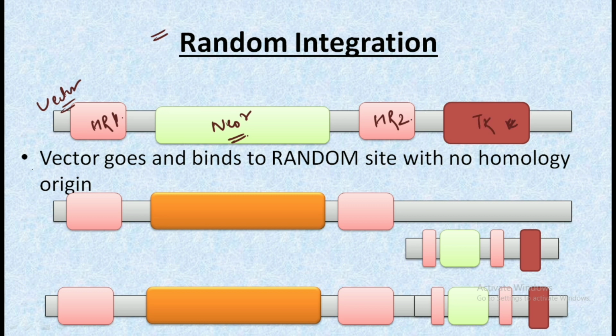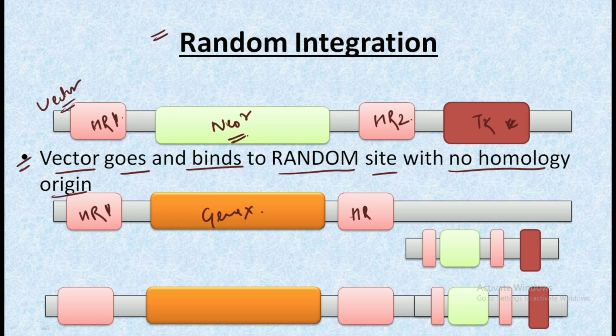In this case, the vector goes and binds to a random site with no homology region. The vector would bind to any region randomly which does not even have the same homology region. So we have homologous recombination region 1, then gene X, then homologous region 2.